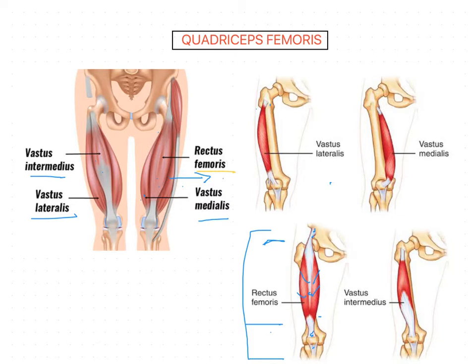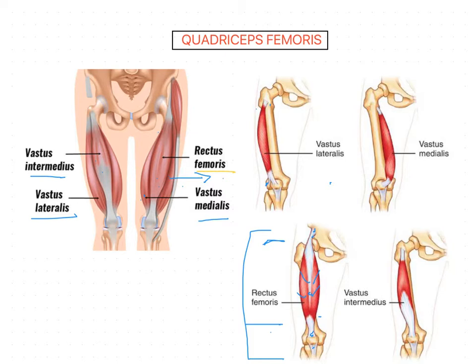It is inserted to the lateral part of the base of the patella, exactly at the upper one-third of the lateral border of the patella, and also has expansions to the capsule of the knee joint, tibia and iliotibial tract.